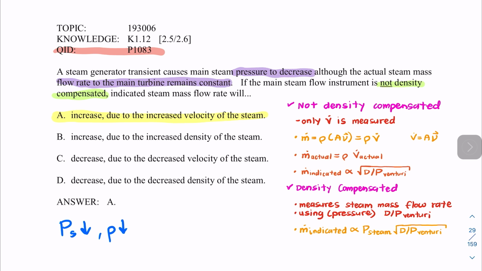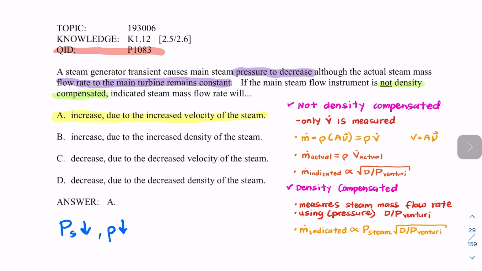So in this case, only the volumetric flow rate is actually measured, but we don't have a relation, or we don't have an input for our density. So if the pressure decreases, what's going to happen to my density? My density is decreasing, right? I can infer that from it.